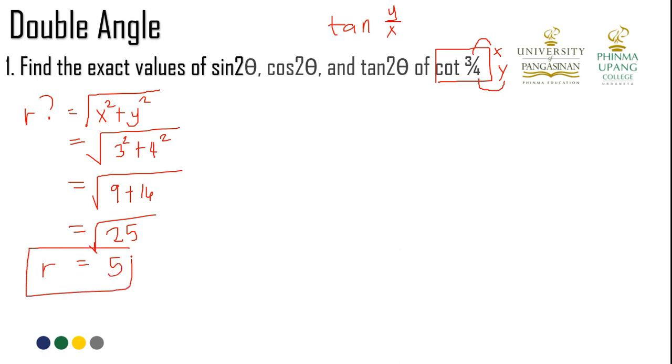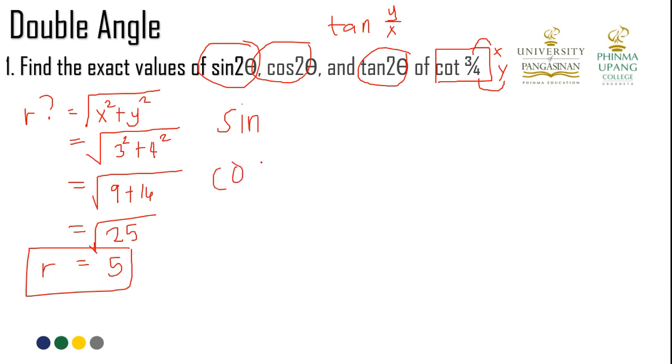Now, we obtain r is equal to 5. So we're ready to solve the values of the sine, cos, and tangent respectively.